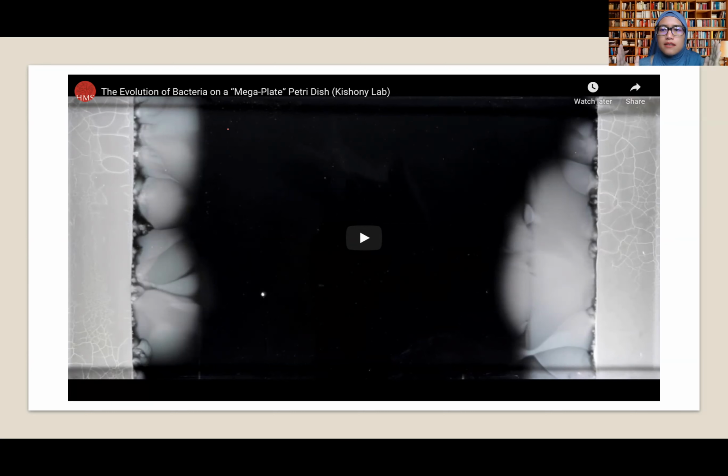And you can see in real life mutation happening at each border of the different concentrations of the antibiotics. Okay, let's watch it.